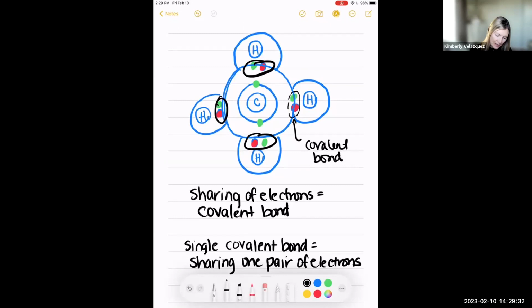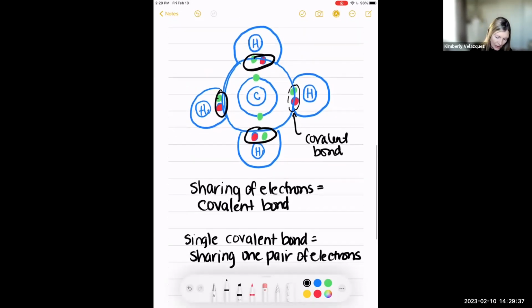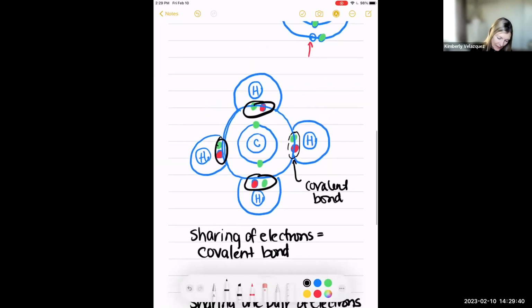A simpler version that you'll more commonly see showing that sharing of a pair of electrons is, every place there's a sharing of a pair of electrons, you just draw a straight line. So a simpler version of this molecule, this is a molecule because it's 2 or more atoms bonded together. They're sharing electrons to become stable. Each one of these lines means sharing 1 pair of electrons.